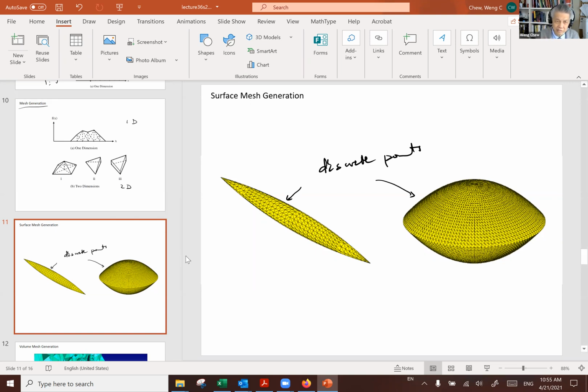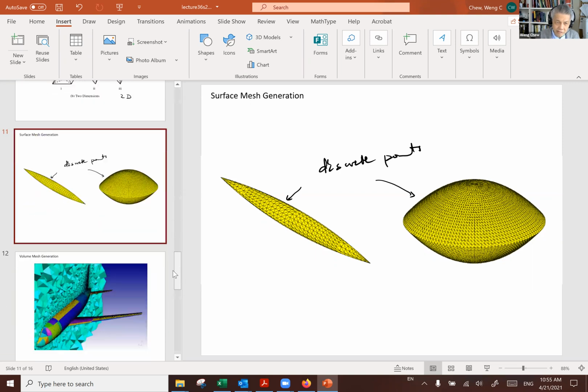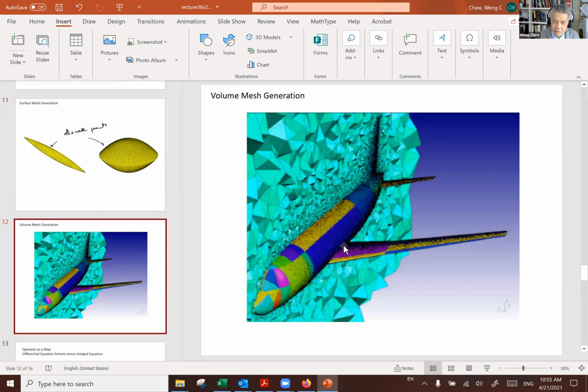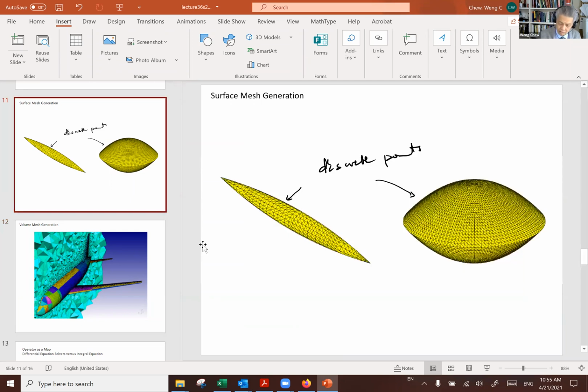And in the case of a 3D function, it's harder to envision, but what you have then is tetrahedrons. So in 2D, you have triangles.